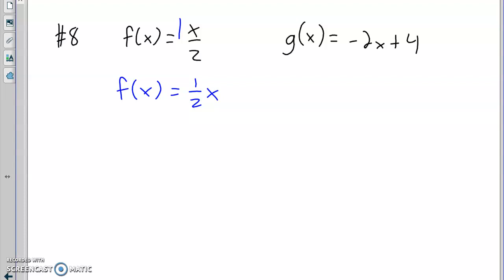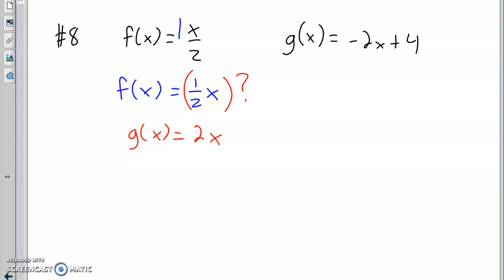Okay, so what I like to start with then is I'm going to just pretend that there isn't a negative symbol here and that I would like it to just be 2x. So in my head, I want g of x to be 2x. What do I have to multiply by in order to get it to be 2x?